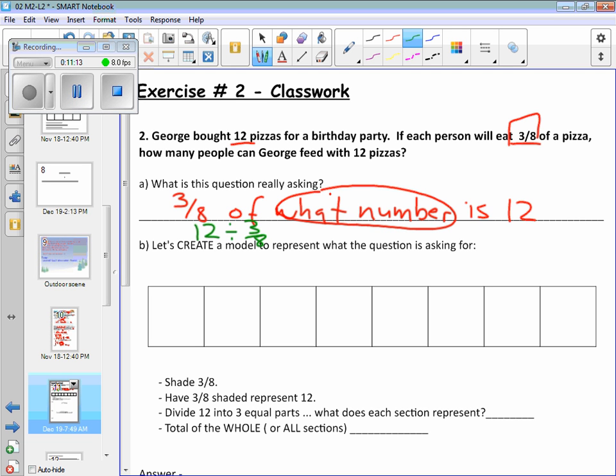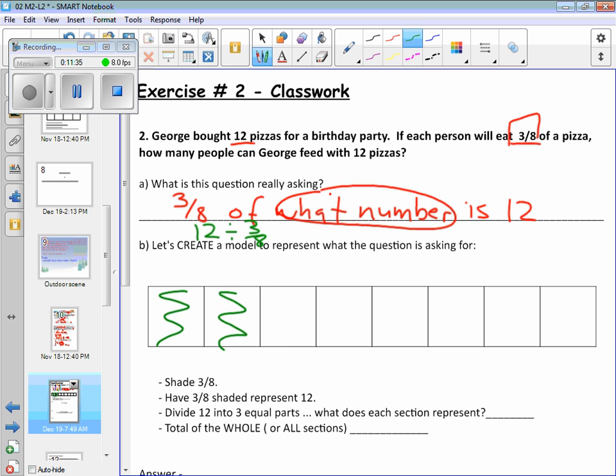Okay, so now we're going to model it. I have my 12 boxes here, right? How many am I going to shade? Miguel. Right, because it's 3/8.